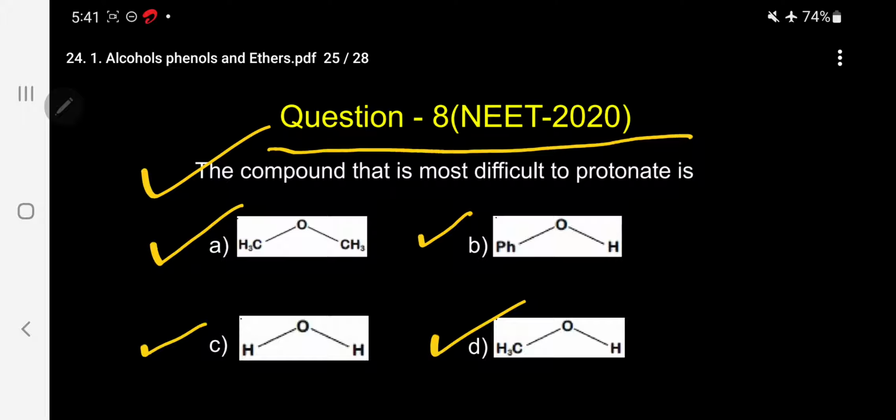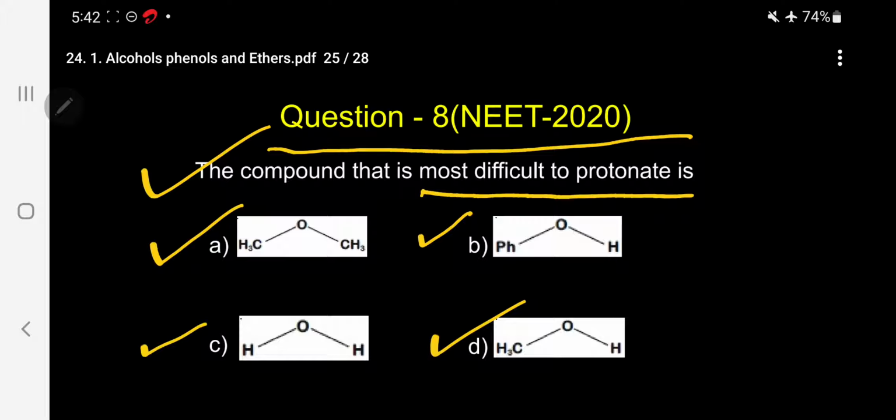You must first find out what is meant by protonation. Protonation means any species accepting H plus. That means a lone pair should be available in the species, so it will easily undergo protonation. The question is the compound that is most difficult to protonate.